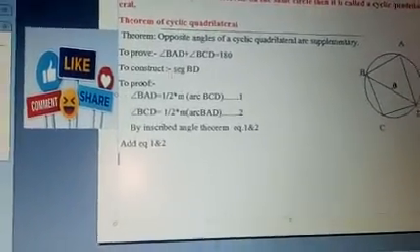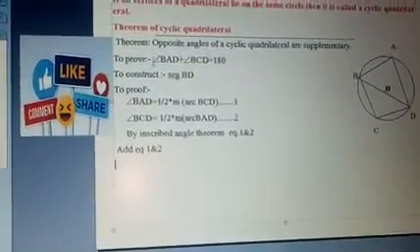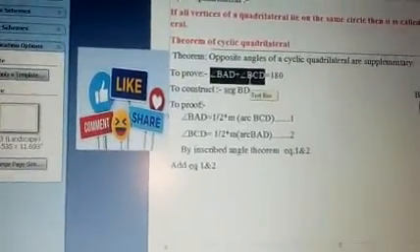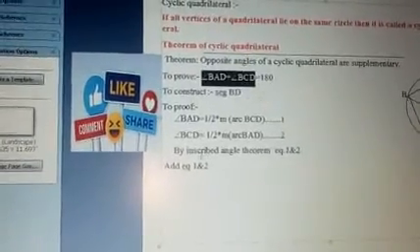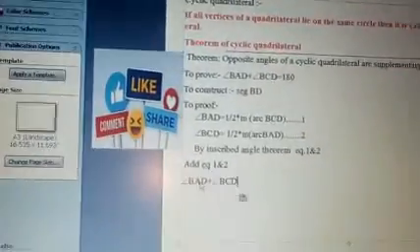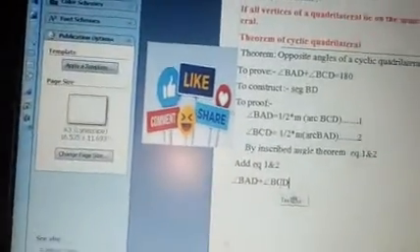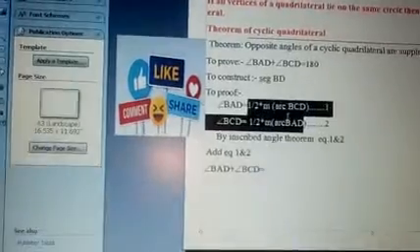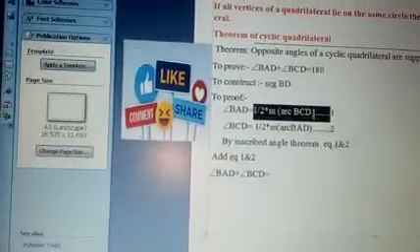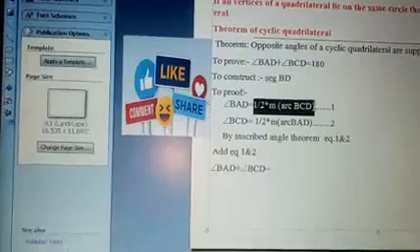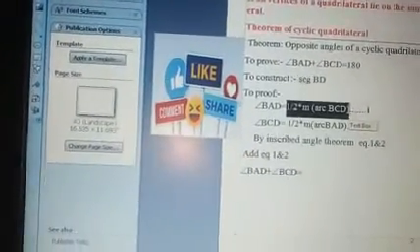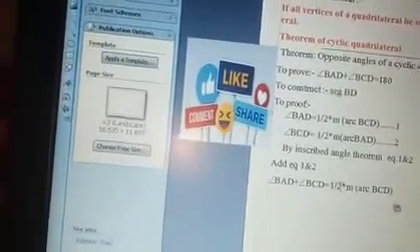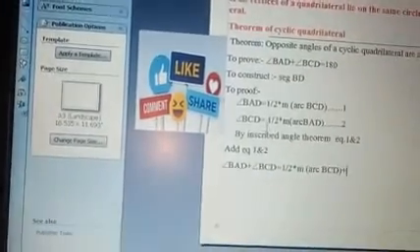If we add the left hand sides, the left hand side becomes angle BAD plus angle BCD, is equal to, what is the right hand side? Half of the measuring arc BCD plus half of the measuring arc BAD.